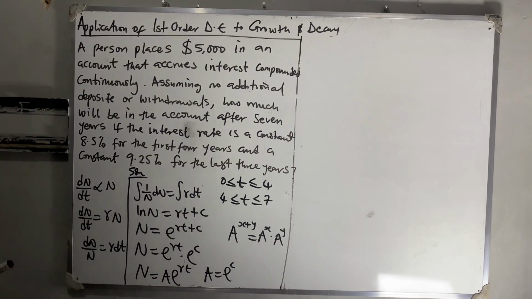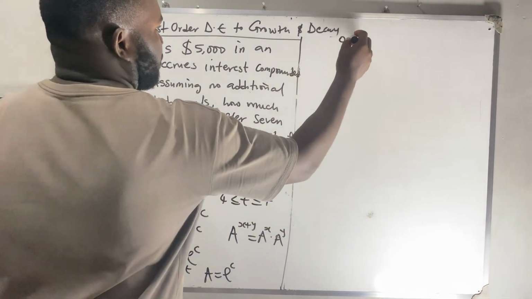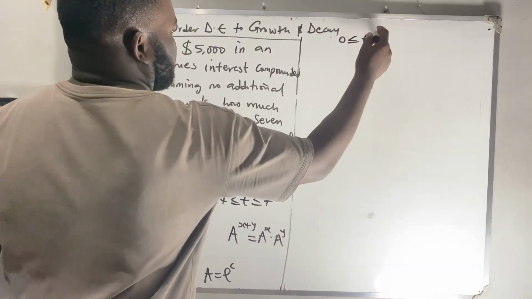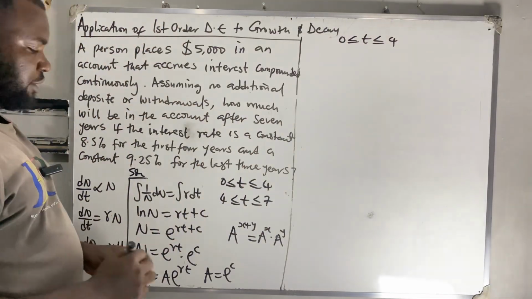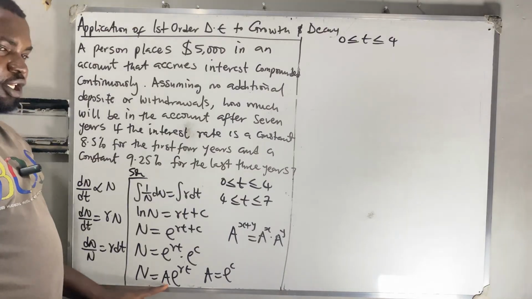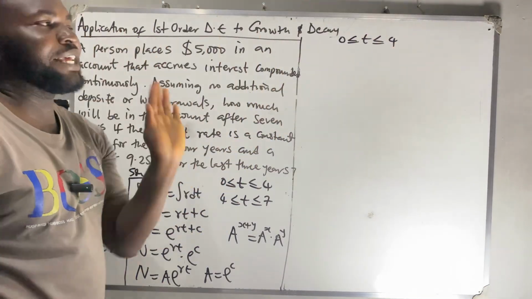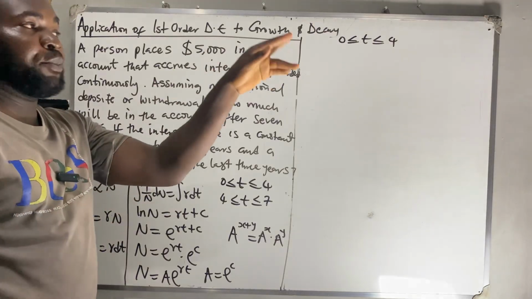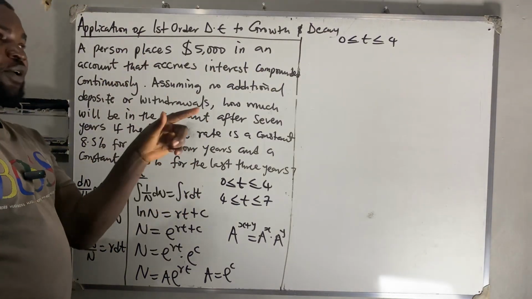Now, the first range is from 0 to 4. The 0 here helps us to get A, and the 4 will help us to get the amount in the account in the first 4 years.